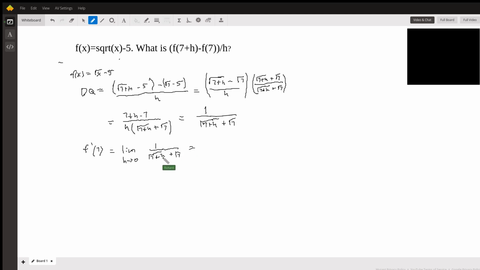We can just plug in 0 for h here, and this is going to give you 1 over 2 root 7, because this just becomes root 7 plus root 7, which is 2 root 7. And that's the first derivative of this function when x is equal to 7.